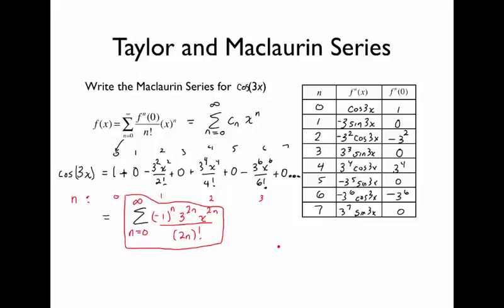So now when n goes 1, 2, 3, 4, it should give the non-zero terms this way.